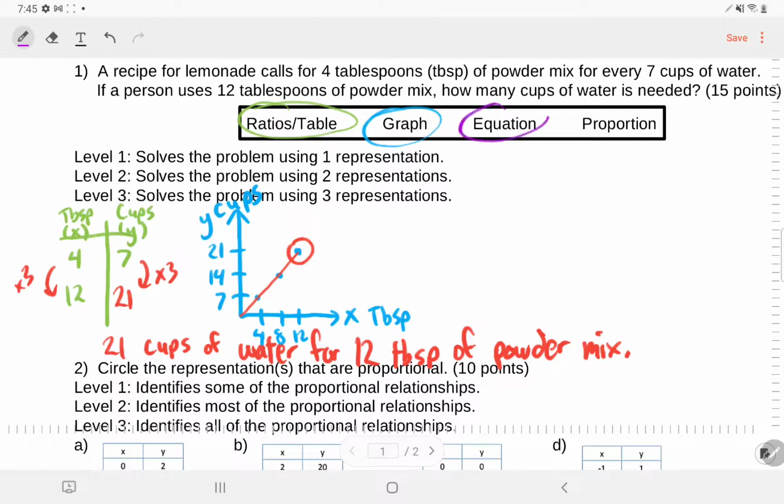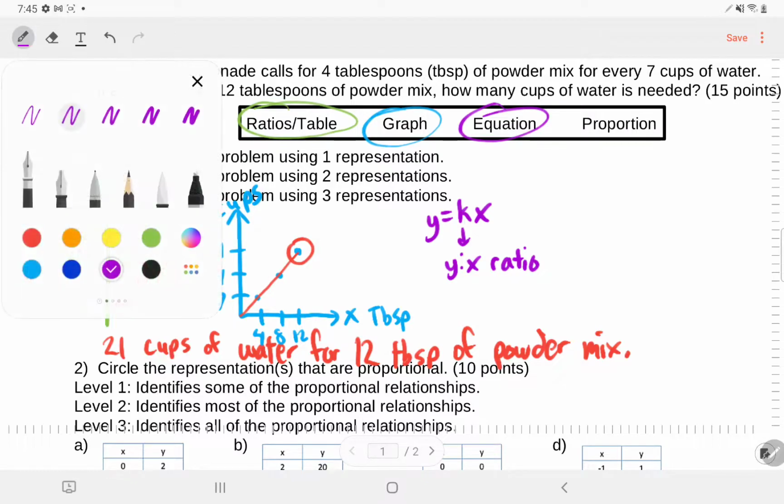In purple, we're going to try the equation. So our equation is y equals kx, where k is our constant of proportionality, and we write k as y to x always ratio. So our y to x ratio is 7 to 4. So now I'm going to replace k with 7 over 4.